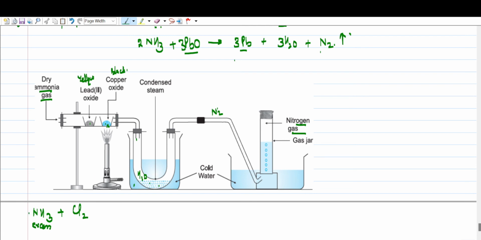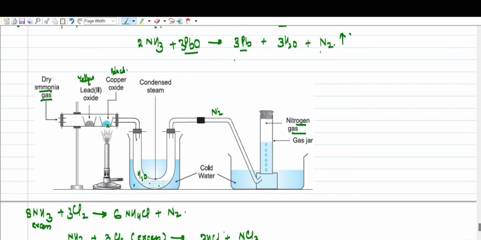Excess means if we take 8 ammonia molecules and say 3 molecules of chlorine, we get 6 molecules of ammonium chloride and we get nitrogen gas. And if we take the reverse, that is we take ammonia and excess of chlorine, then we get 3 molecules of HCl gas and nitrogen trichloride is formed.